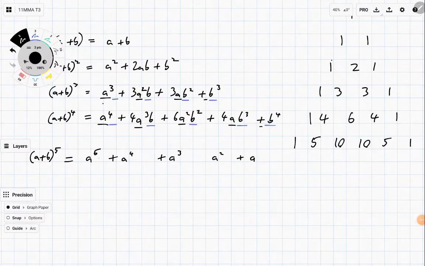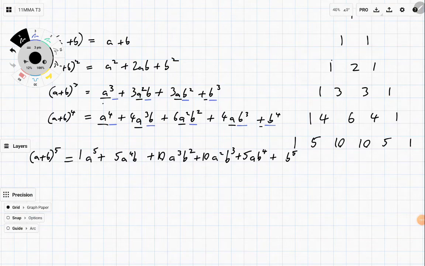Then we're going to have, well, b to the 0, b to the 1, b to the 2, b to the 3, b to the 4, and b to the 5. Now, the only thing we've got to do now is put in the correct coefficients. Now, the correct coefficients are 1, 5, 10, 10, 5, 1.